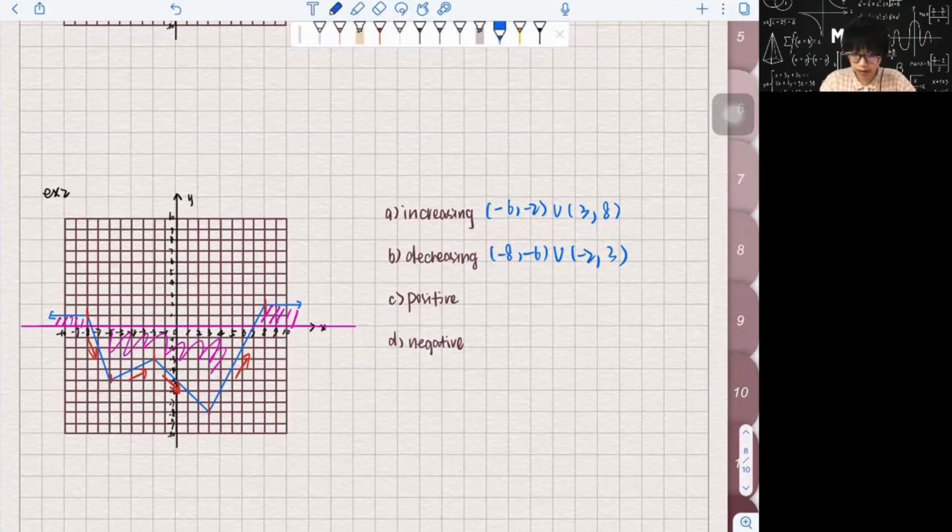So the positive part is from -infinity to -7.5, and from 7 to positive infinity. In this graph, we only have one negative part, that is from -7.5 to 7. That's it. Now let's move to exercise 3.